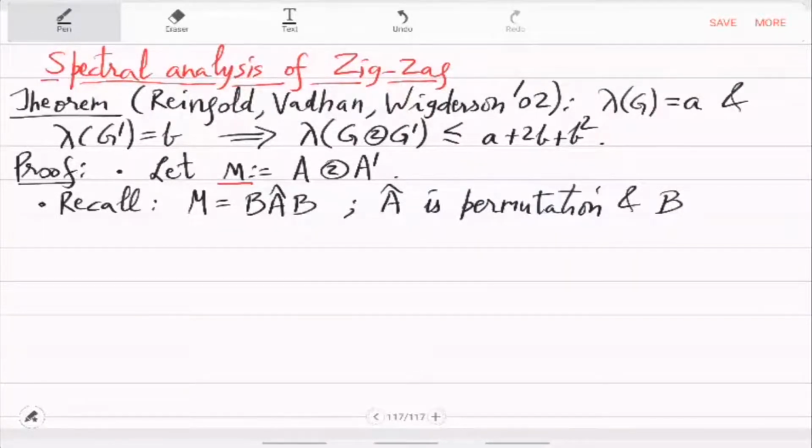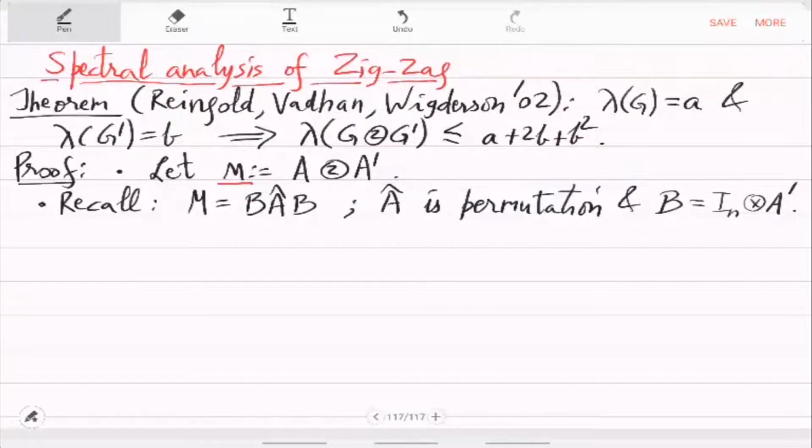B is a tensor product, just a blown up version of A prime. It helps you move in the cloud, one step in the cloud, and then go out by A hat, and then again move in the cloud by B.